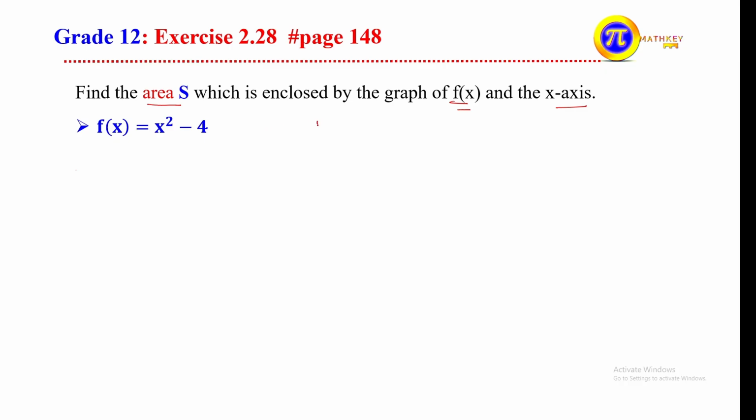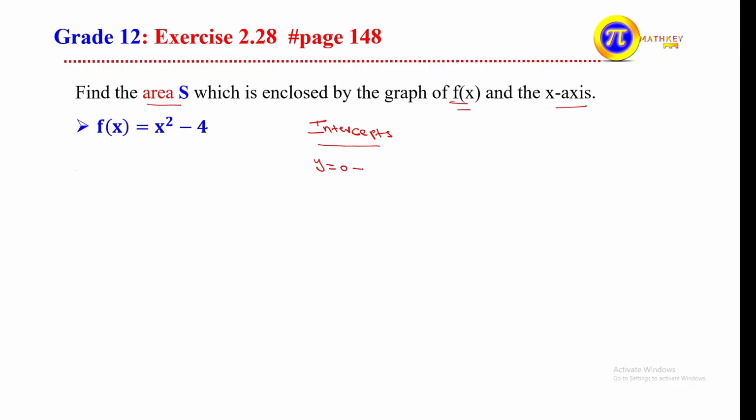To see this, let us consider the intercepts. We have two intercepts, the x-intercept and y-intercept. To find the x-intercept, make y 0. That means f of x or y is equal to 0.